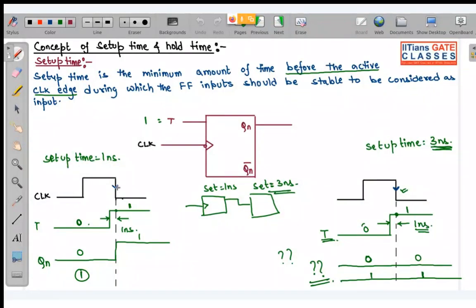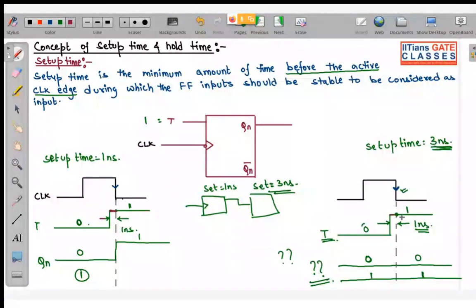Why? Because all the flip flops are not ever purely edge triggered, because even at this edge your output can change. But if we have the concept of stabilization, that means basically we are taking a level. See over here, the duration of the level is 1 nanosecond.